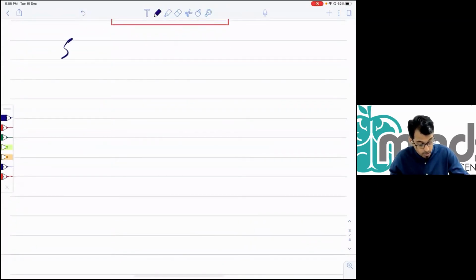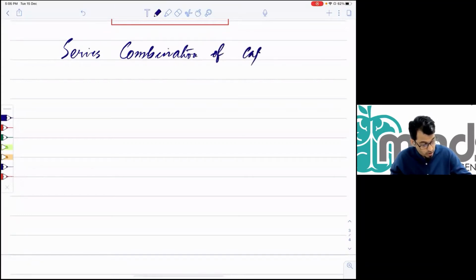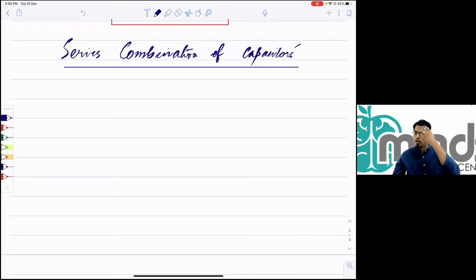So when we talk about series combination of capacitors, what we will be doing? We will take three different capacitors.